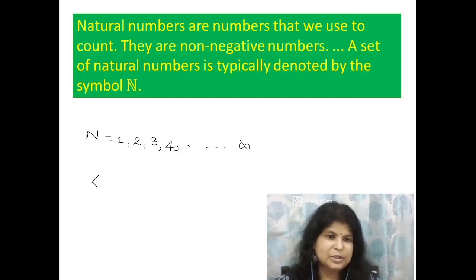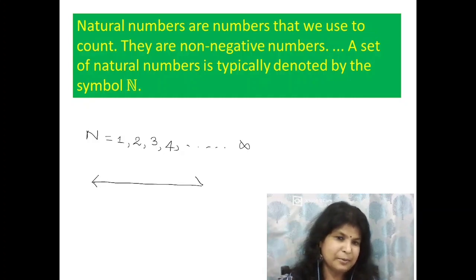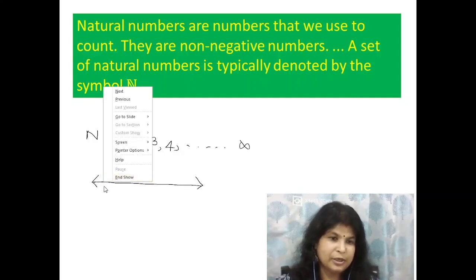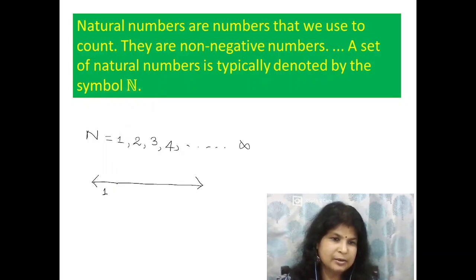Now suppose you want to represent all these natural numbers with a number line. Hope you know what is number line. Okay, because it was in your lower standard, no? So how we are going to do that? Definitely you are going to start with this point. So this is your 1.